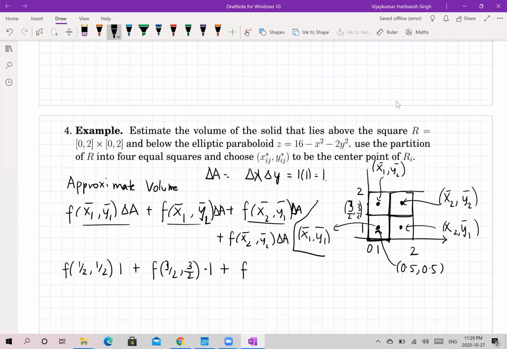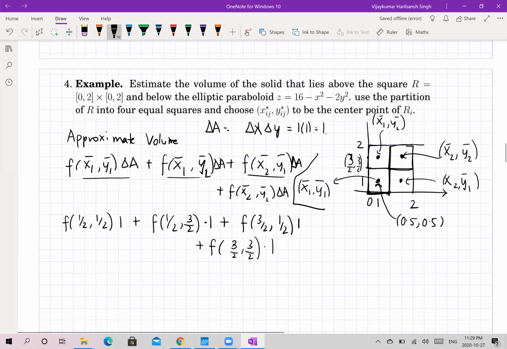Then we have f of x2, which is 3 by 2, then y1 bar is 1 by 2 times 1, and then we have f of x2. So we have x1 y2, x1 y2 would have been 1 by 2, and then here we have 3 by 2 comma 3 by 2 times 1.